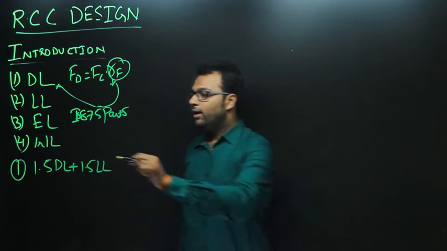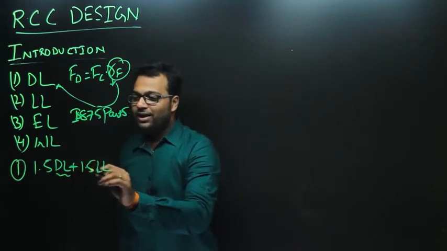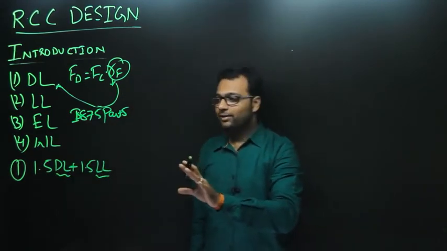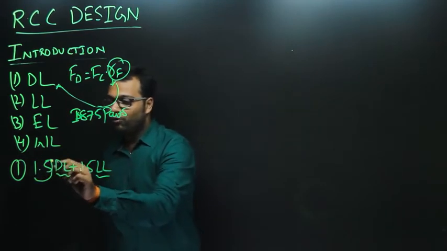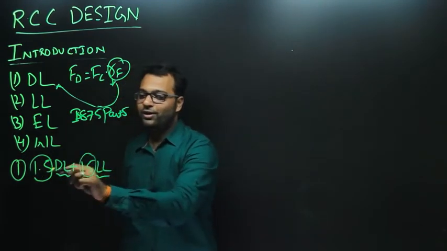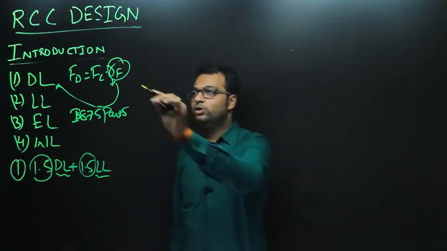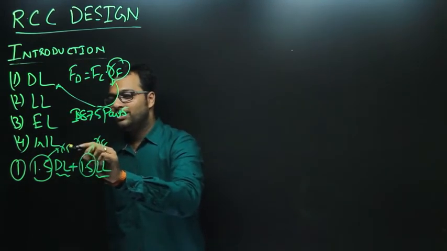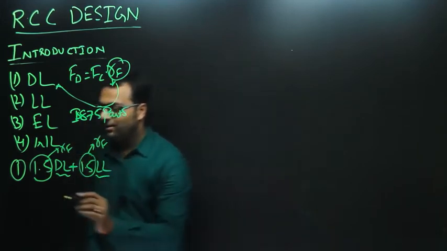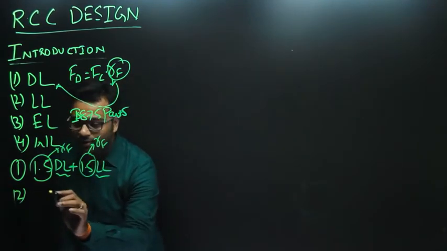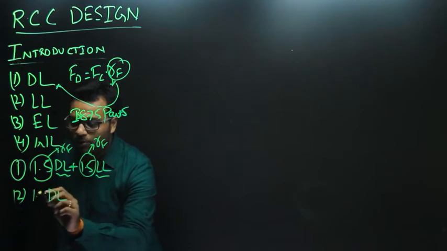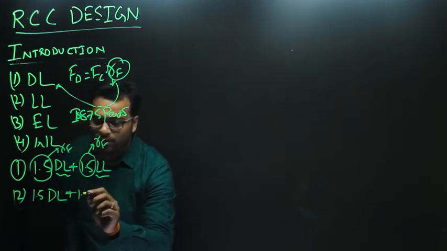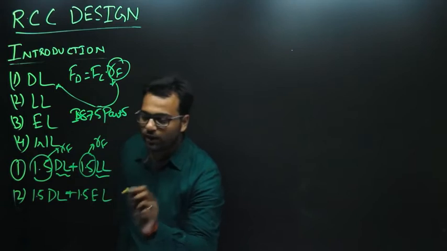This means that when a structure is subjected to dead load and live load only, we multiply by a factor of 1.5 and 1.5 for dead load and live load respectively. This I call gamma F, and this again I call gamma F. Now if there is an earthquake load applied, the load combination will be 1.5 dead load plus 1.5 earthquake load.